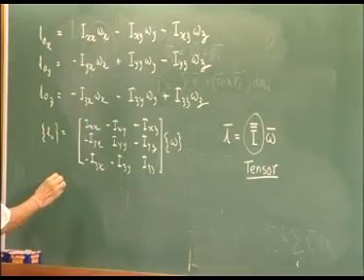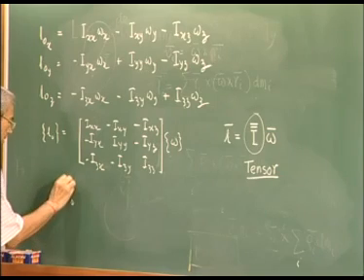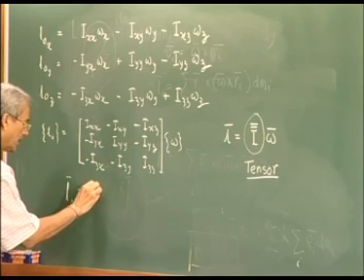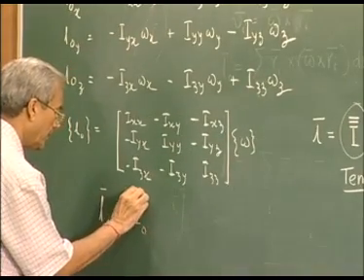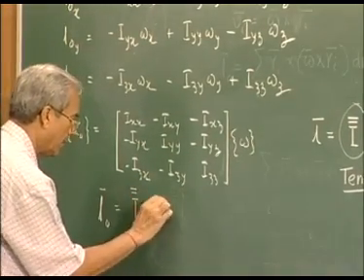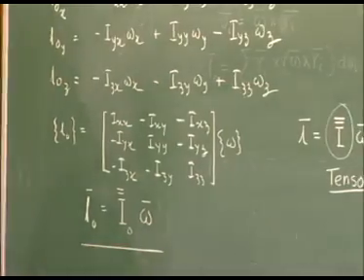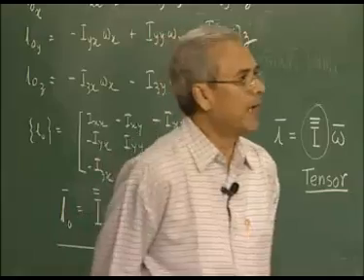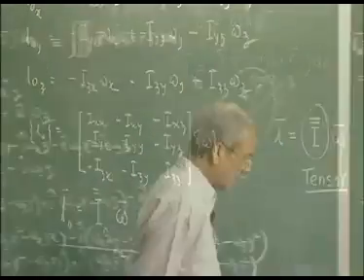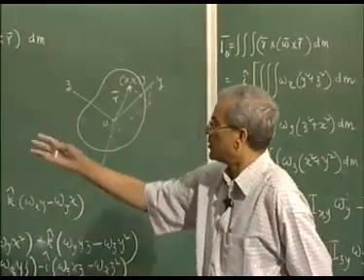So, angular momentum of a rigid body is inertia tensor with that point O as the reference point multiplied by the angular velocity.